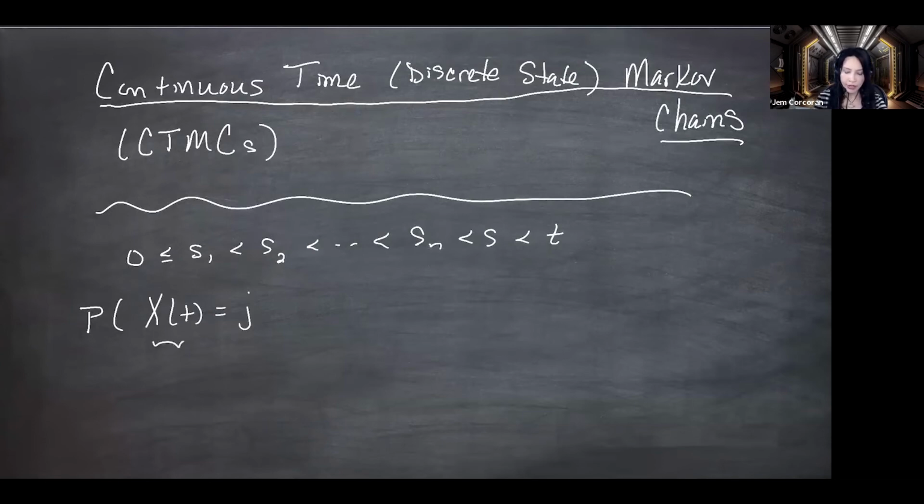But you'll notice that I went to the continuous notation. You could absolutely write this as x sub t, just like we wrote the x sub n, but I like to really differentiate the notations.